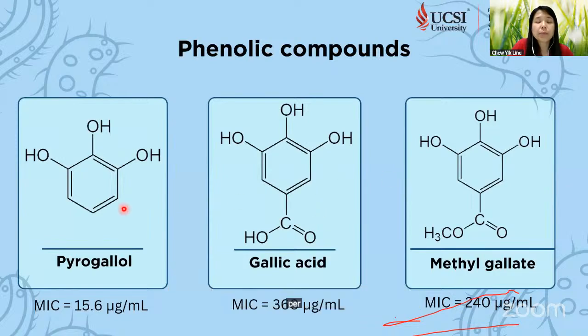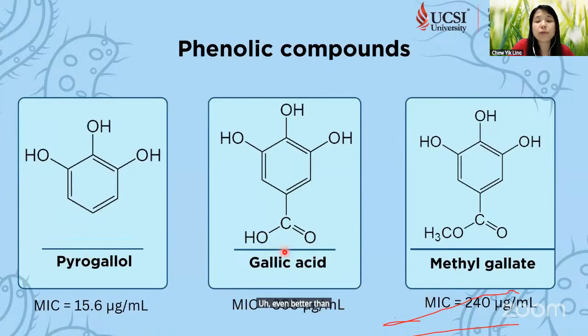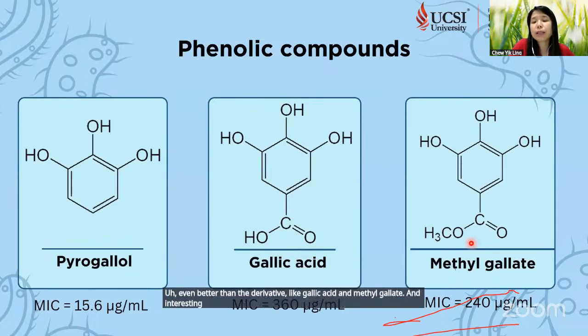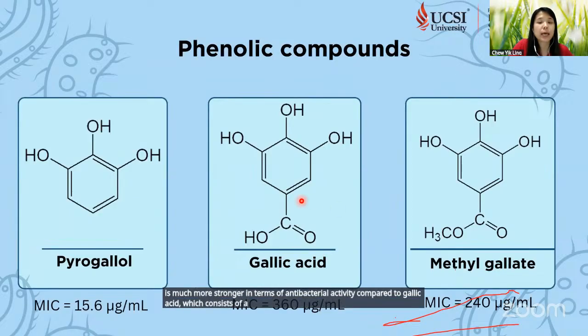So we notice that pyrogallol, a very small compound without the side group over here, works even better than the derivatives like gallic acid and methyl gallate. And interestingly, we found that methyl gallate, with the methyl ester group over here, is actually much stronger in antibacterial activity compared to gallic acid, which has a carboxylic acid group here.